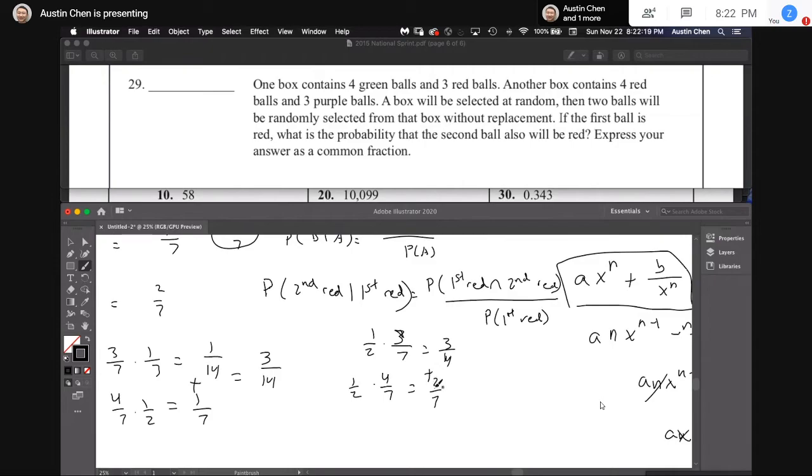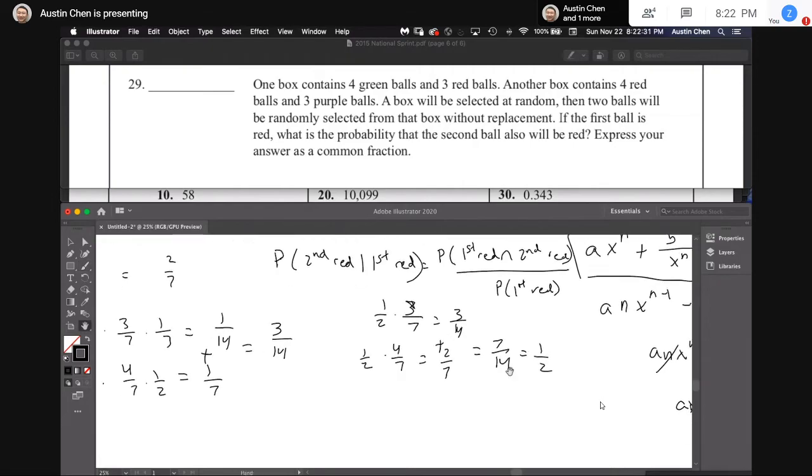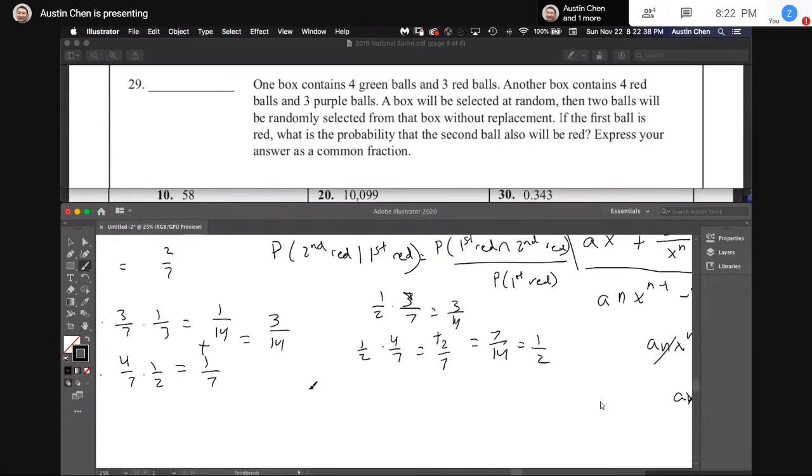This will just be 4/14, so this is 7/14, or it's just 1/2. All right. So this was probability of first red and second red, and this was probability of first red. So then probability of second red given first red is 3/14 over 1/2. And this is again 3/7. Very cool.